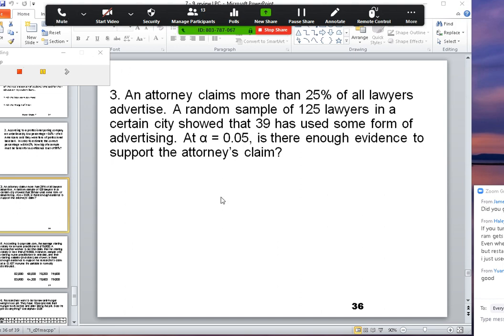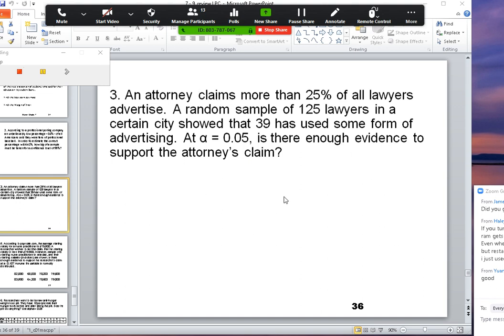All right, so quick question. Is this a proportion or a mean, guys? What kind of problem is this? Proportion? Yep. Do you guys see the word mean or average in here anywhere? No. So it's not a mean, it's a proportion.